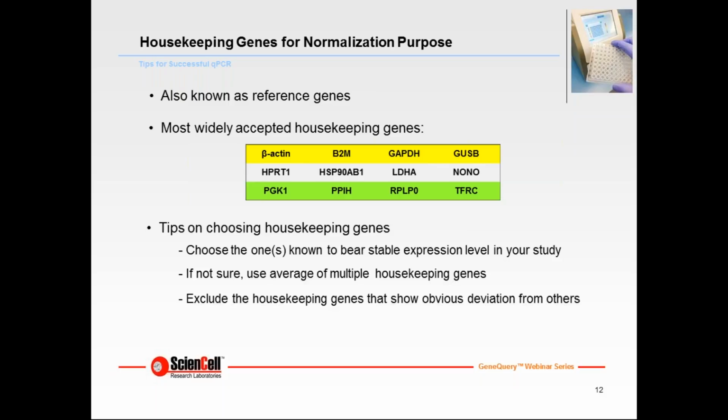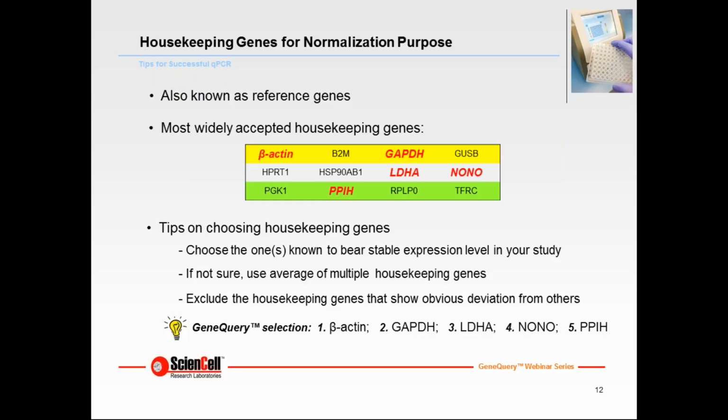Please keep in mind that the expression level of housekeeping genes can change based on the cell types and treatment conditions. When choosing housekeeping genes, you should choose the ones you know to bear stable expression level in your study. If you're not sure, we recommend that you use the average of multiple housekeeping genes and exclude the ones that show obvious deviation from others.